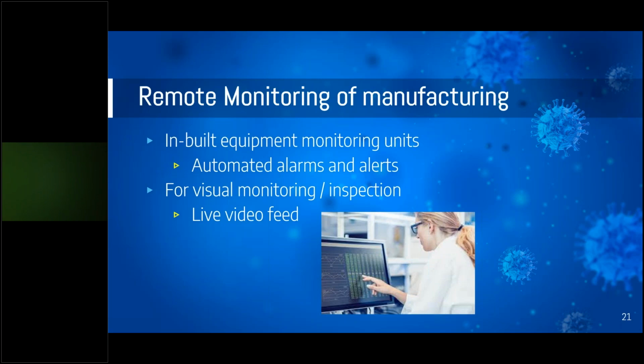It also serves as a strong means of communication and documentation. Strong communications are required in this COVID situation as there are a lot of changes in procedures, and strong documentation is required to maintain the quality. Next slide, please.